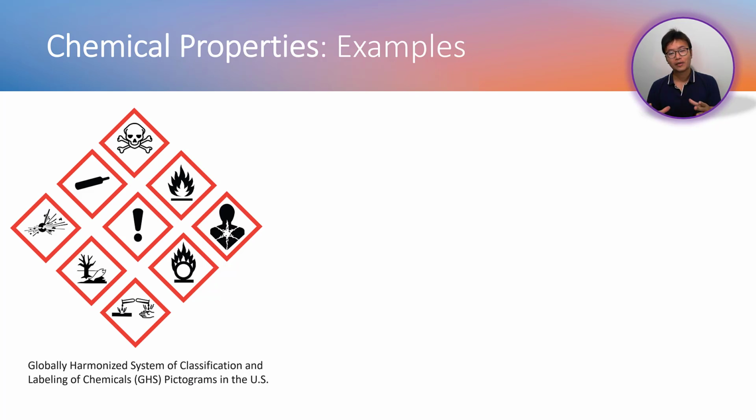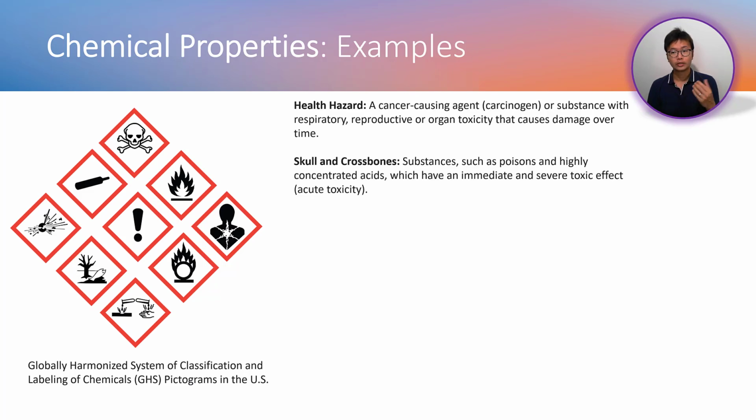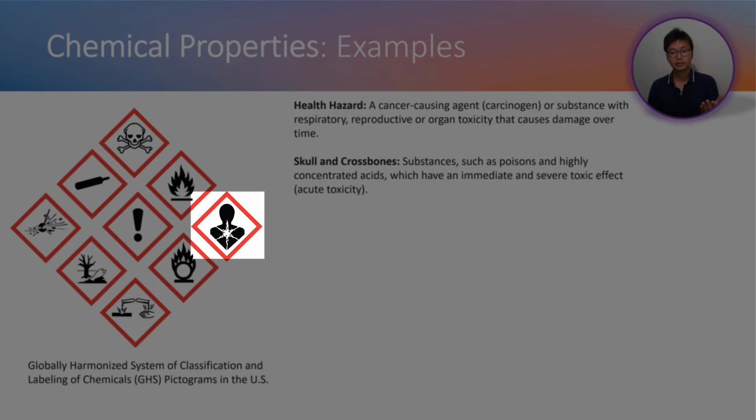Oftentimes when you work in a chemistry lab, you see all these pictograms. Those pictograms try to tell the people who are going to work with the chemicals what kind of safety precautions they need to be aware of. Okay, so let's go over a couple of them. I think it's very important for you to know. For example, the health hazard symbol is the little human with the lungs right here.